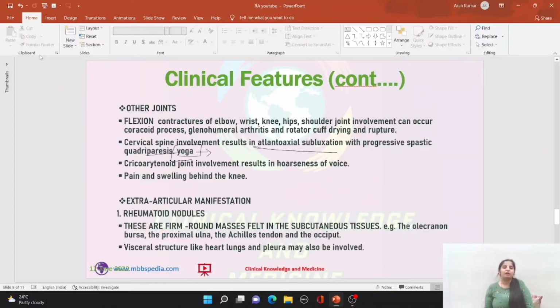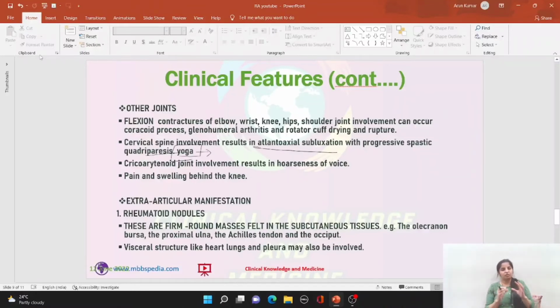So if a rheumatoid arthritis patient starts doing yoga, which is beneficial in this deformity, but if you particularly do headstand, due to the trauma in cervical spine, there will be atlanto-axial subluxation, which can also lead to quadriparesis.